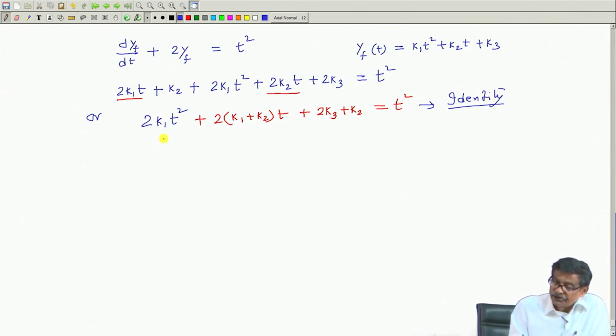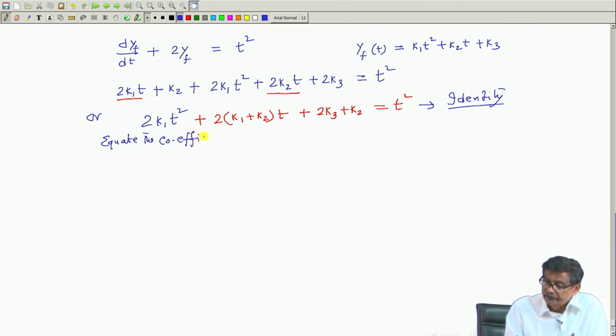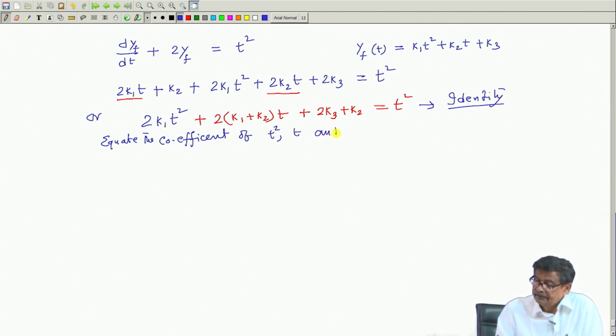Therefore, equate the coefficients of t square, t and t to the power 0 on both sides.